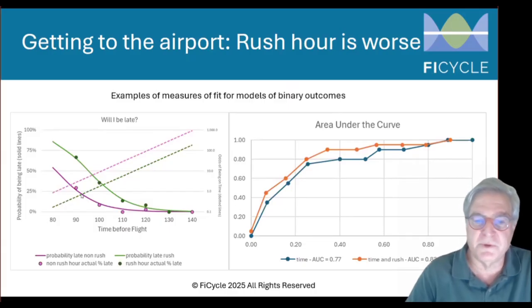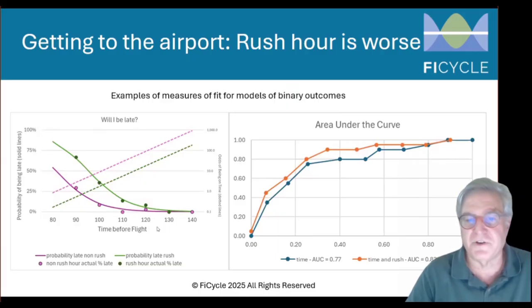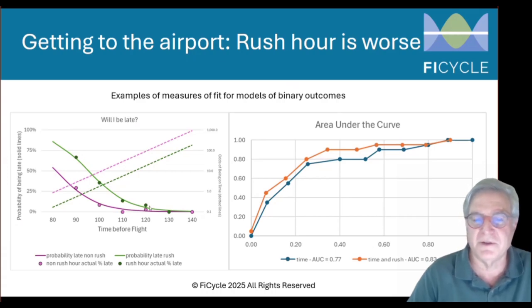The one on the left is we bucket the events into different categories based on the time, and then we calculate what was the probability that we were late or on time in each of those buckets. Here, I've also extended the model to add whether or not it was rush hour. So during rush hour, your probability of being late is much higher than during non-rush hour. And we can see that the model does a pretty good job of fitting the data.